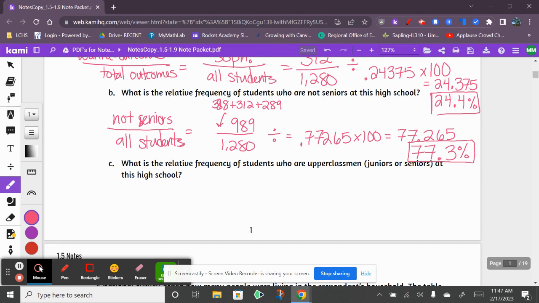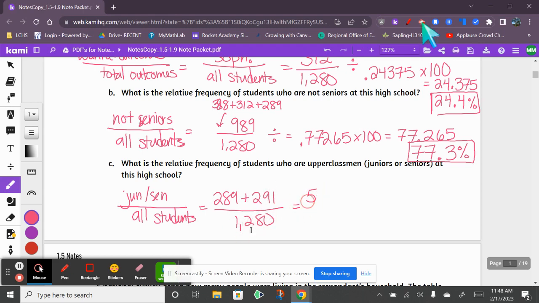So that would be juniors or seniors at this school. So for this one, we want juniors and seniors out of all students. So we can just add up the junior and senior amount. So that'd be 289 and 291, which gives us 580.